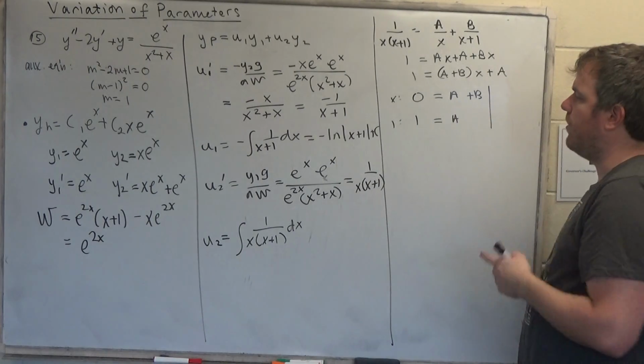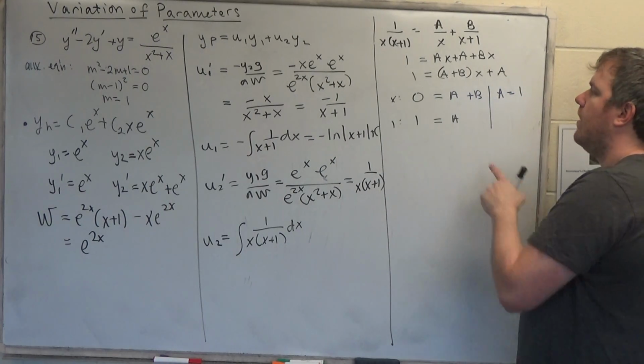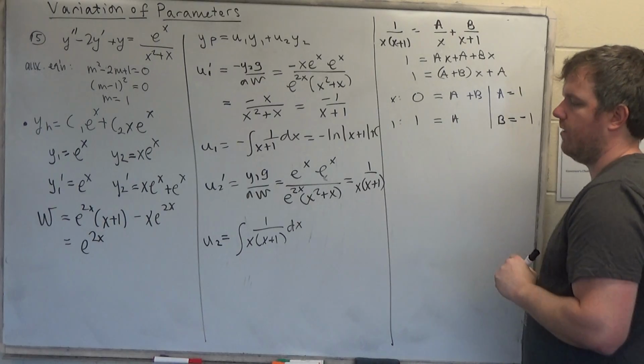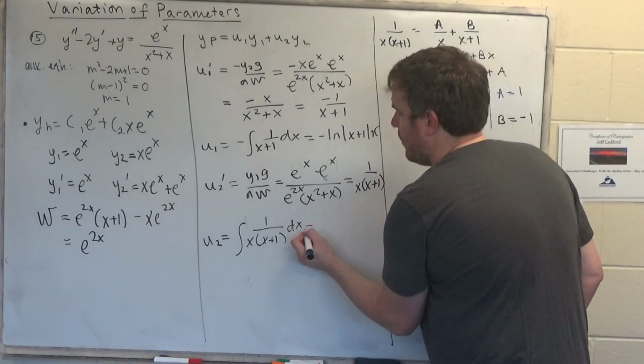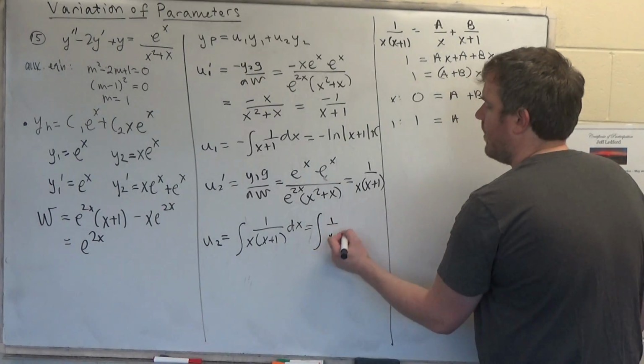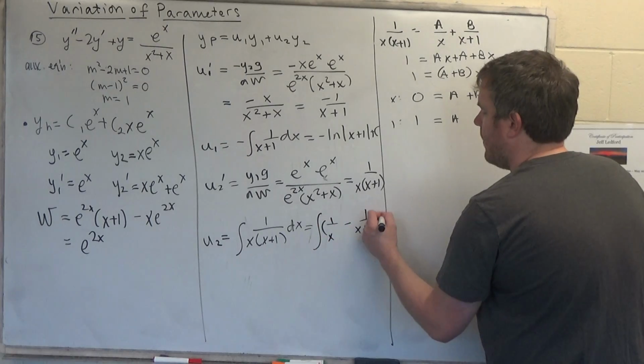This system isn't terrible to solve because we already have one of the solutions, a equals 1. If I plug in a equals 1 here, I should get b equals negative 1. Which means I can split up u2 as the integral of 1 over x minus 1 over x plus 1 dx.